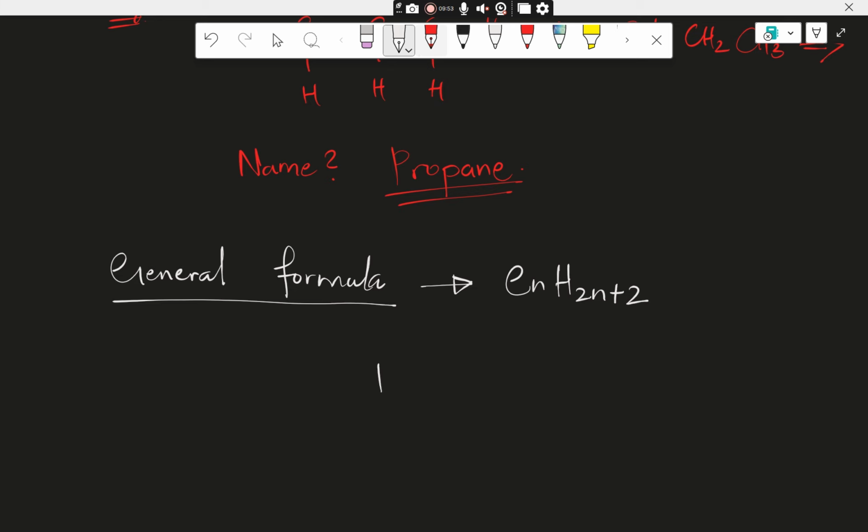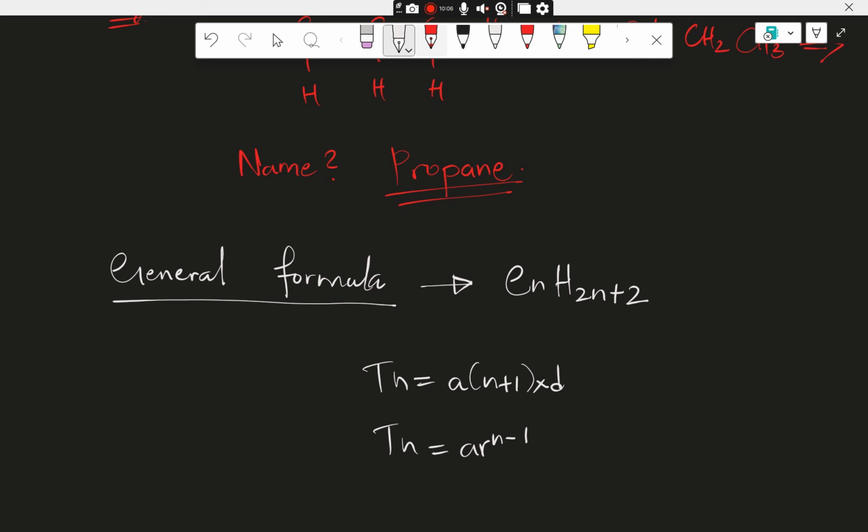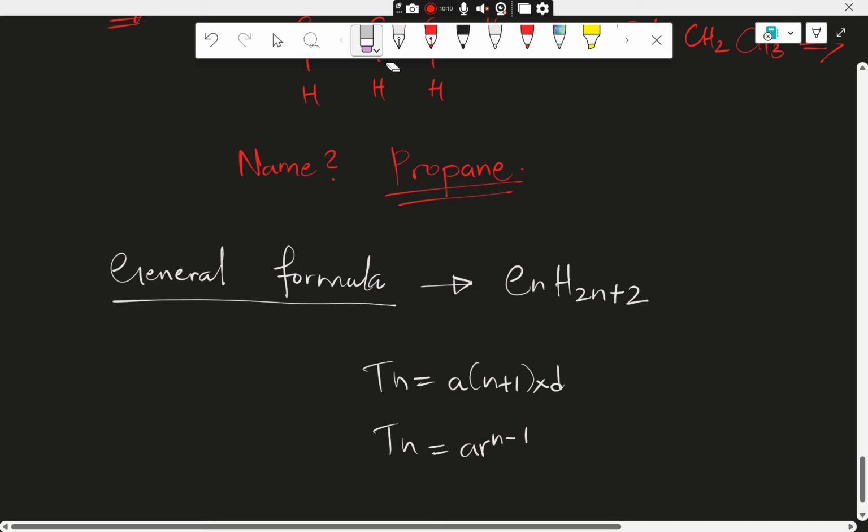For example, Tn = a + (n minus 1)d, or ar to the power n minus 1. These are different general formulas. They represent different types of series, or number patterns. That's what we mean when you give it a general formula.